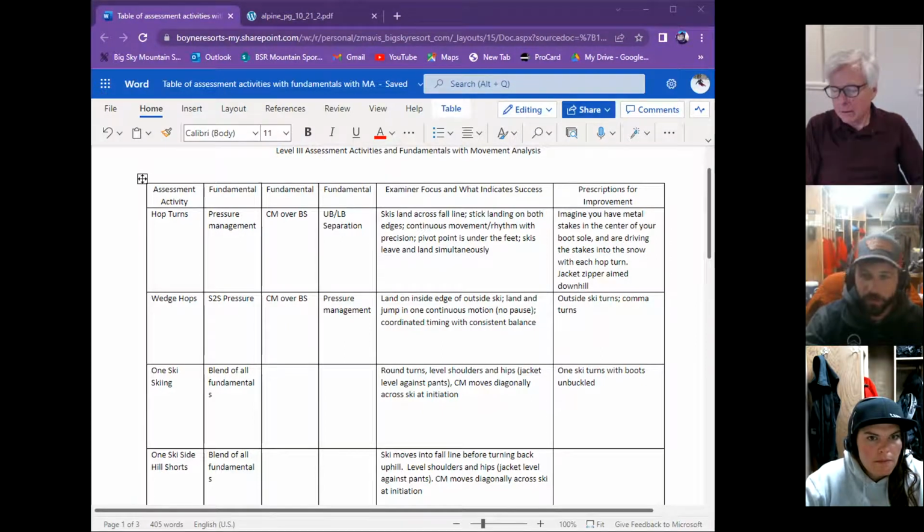So we could go down the rabbit hole and get into that discussion, but where you went with your three main fundamentals is where my assessment brain would go if I was going to verify some skills with a candidate. I might use hop turns to highlight some of the fundamentals that you've laid out here in your sheet.